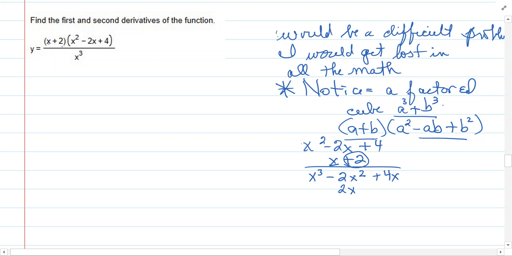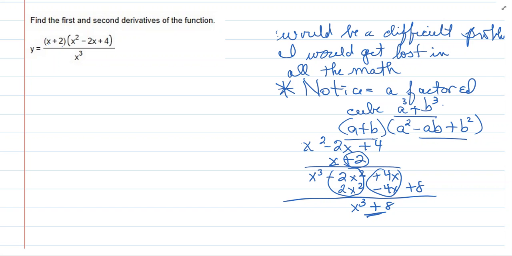I will get a 2x squared, a minus 4x, and a plus 8. I would notice that I have additive inverses there, and I have x cubed plus 8. All right, whichever method you like is what you should use. And that will help you in doing the math.